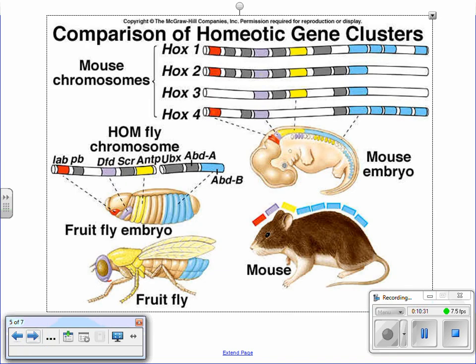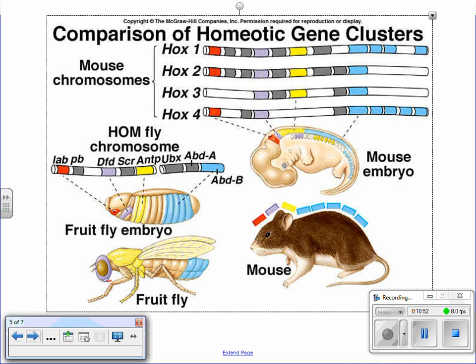Next thing we're going to talk about are Hox genes. I know we've been mentioning that a few times throughout the year so far, but it really is a great thing to discuss when talking about speciation, because what evolution really acts on is sets of genes that organize what the body looks like.